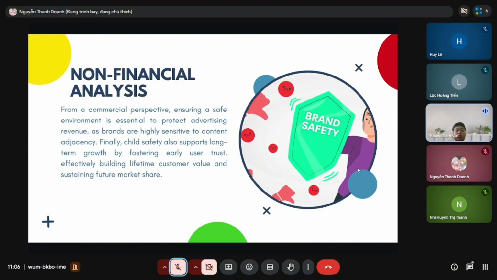From a commercial perspective, ensuring a safe environment is essential to protect advertising revenue, as brands are highly sensitive to content adjacency. Finally, child safety also supports long-term growth by fostering early user trust, effectively building lifetime customer value and sustaining future market share.